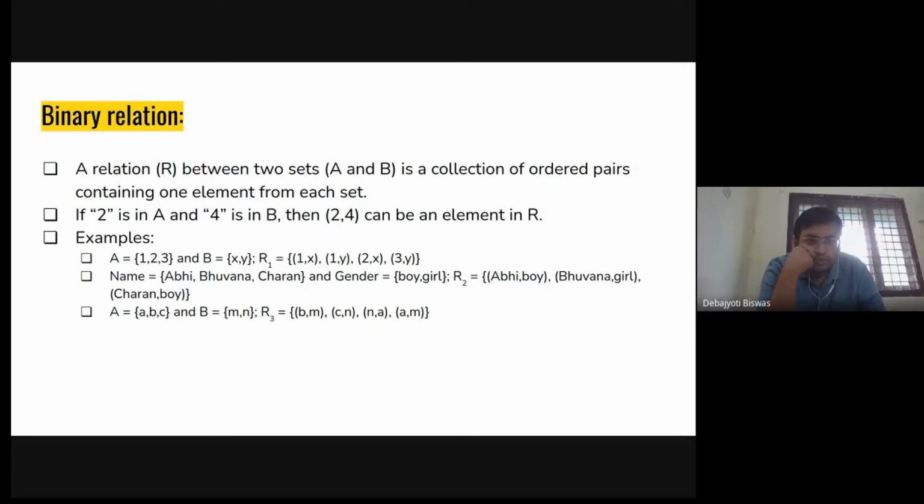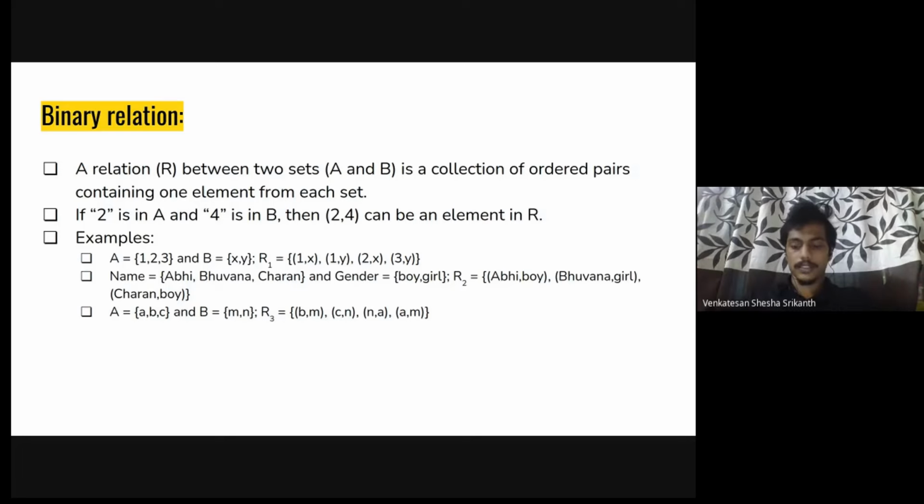No, Shrikant, because a relation is defined as a collection of ordered pairs. Here the element (n, a) is not following the order of the other elements. In all the other three elements, the first element is from set A, but in the third case, the first element n is from set B. Yes, right.